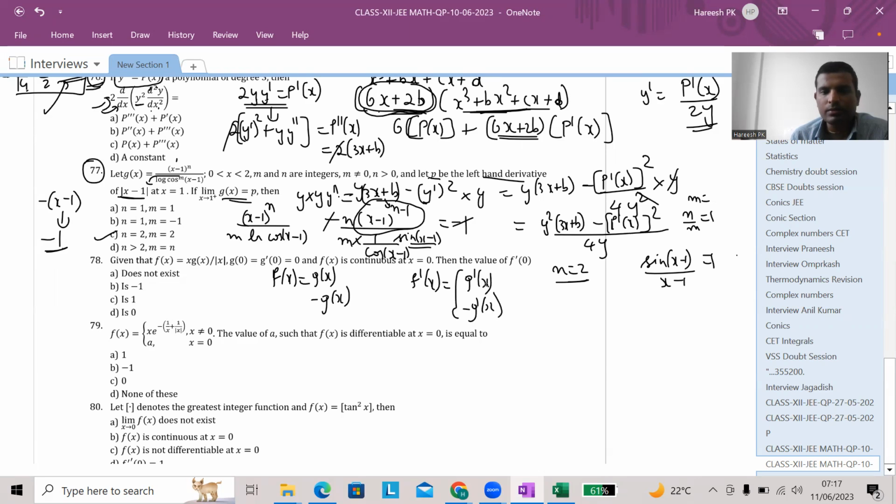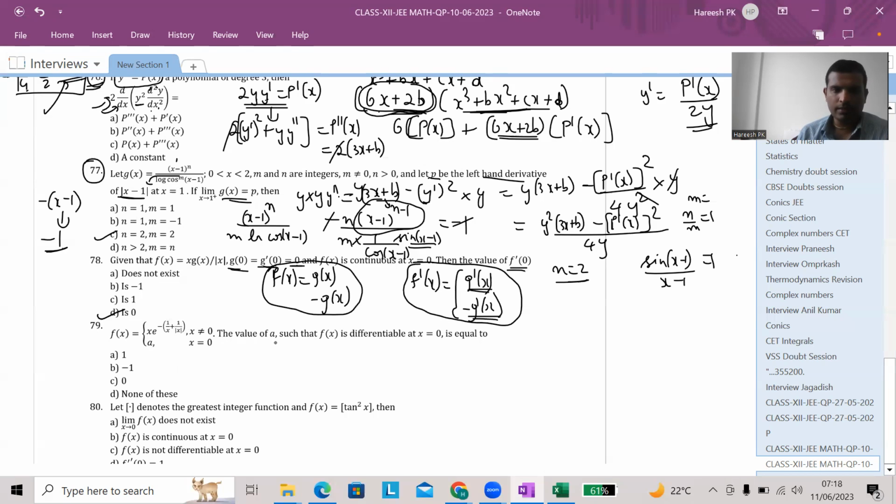So at 0, because g dash 0 is 0, right? And originally also g of 0 is 0. So the function is continuous also here. And here g dash 0 is 0. So that means this will be 0, this will be minus 0, which is 0. So the derivative does exist and it is 0 here.